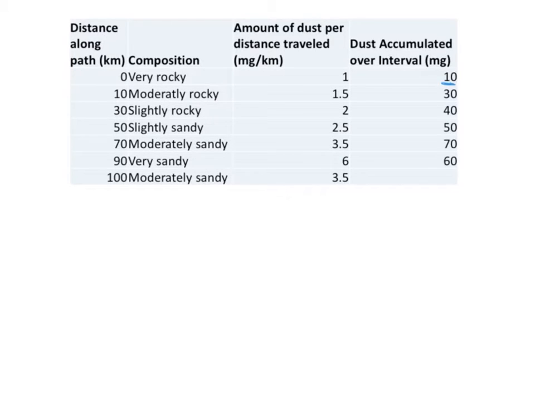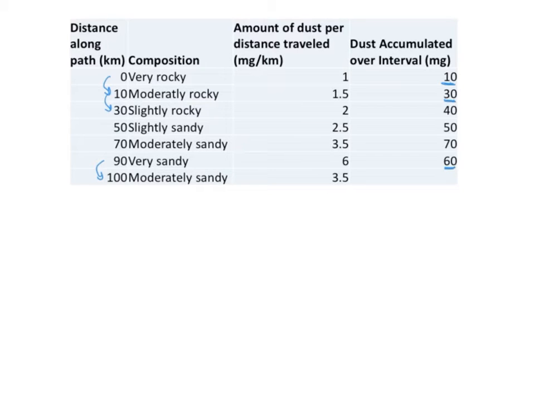So this 10 that I've highlighted represents the dust accumulated from 0 kilometers to 10 kilometers. The 30 that I just highlighted represents the amount of dust accumulated from 10 to 30 kilometers. And finally, the 60 represents the amount of dust accumulated from 90 to 100 kilometers. This now brings us to the end of the rover's trip.